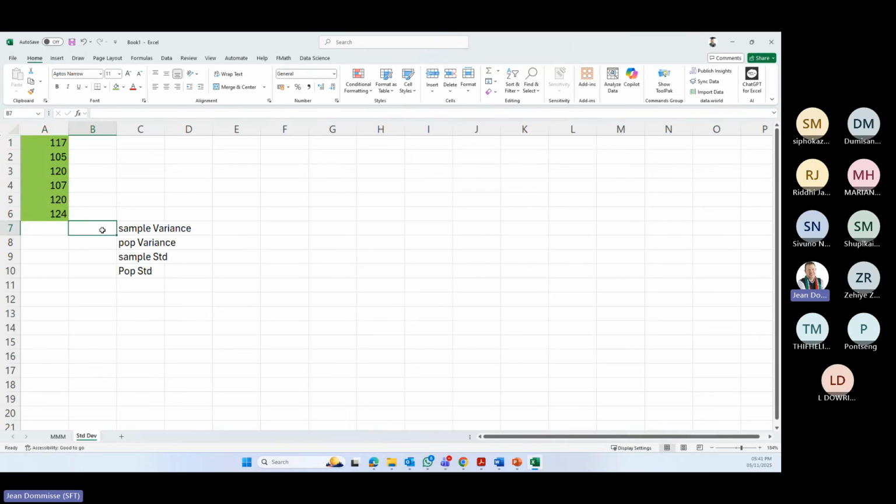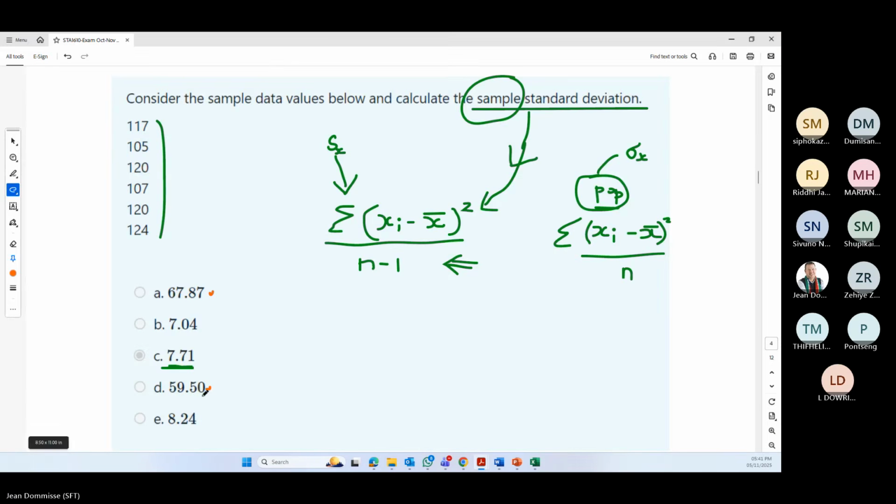Okay, so when we look at sample variance, there is a function. Variance S basically is the sample variance. So that's your sample variance. 59.5, look at that.